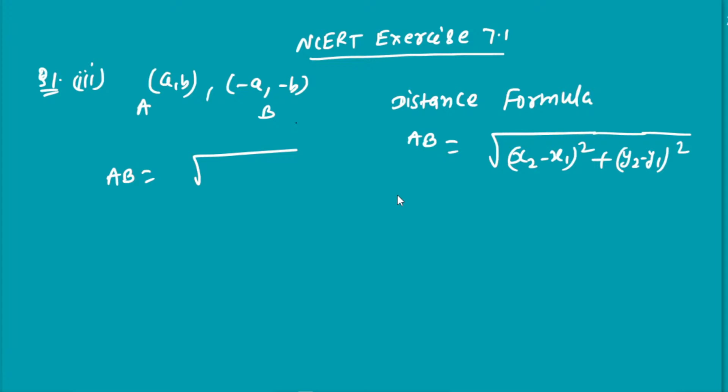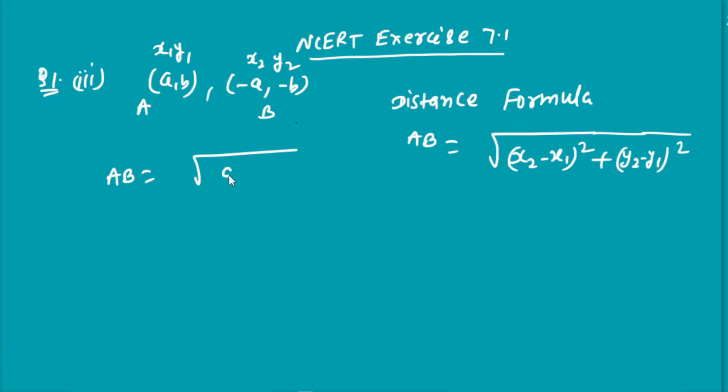This is the distance formula. We have to take the differences of the x coordinates. What you write first is x1, y1, and what you write later is x2, y2. So whatever is written first, by default I take it as the first.